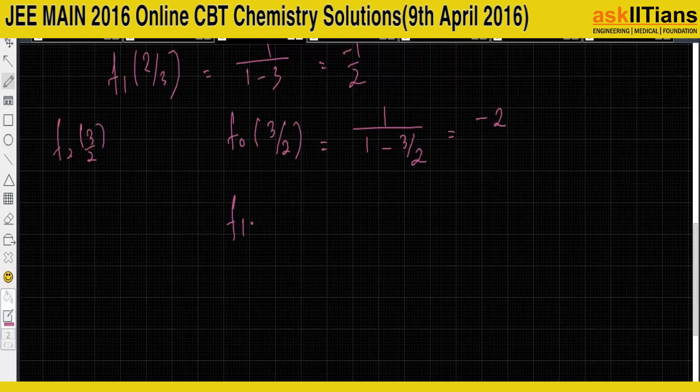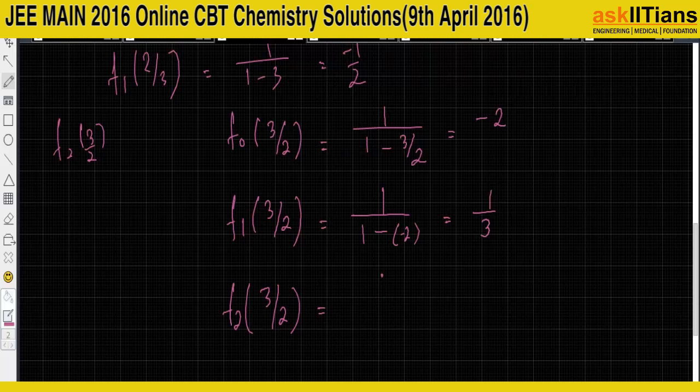Then f1(3/2) will be 1/(1 - f0), and f0 is -2, so this will become 1/3. Then I'll get f2(3/2), which is my required quantity. This will be 1/(1-f1), and f1 is 1/3, so this will be 3/2. Okay, so this quantity will come out to be 3/2.